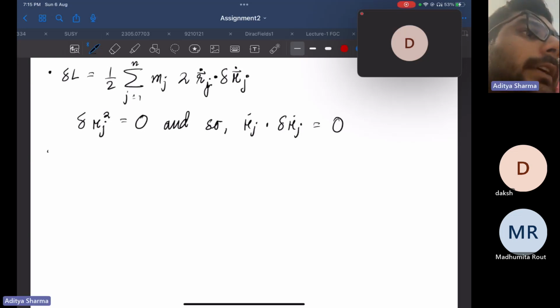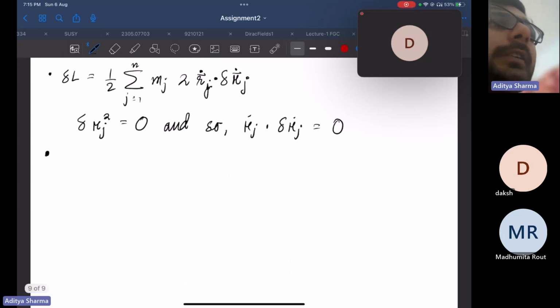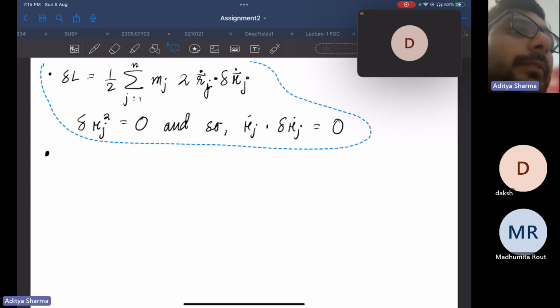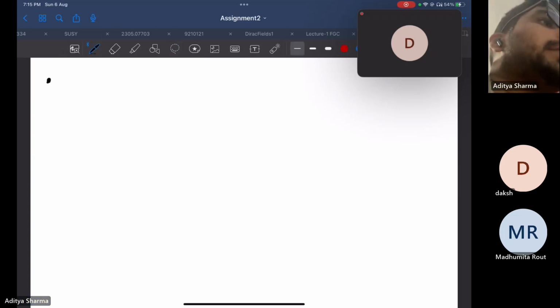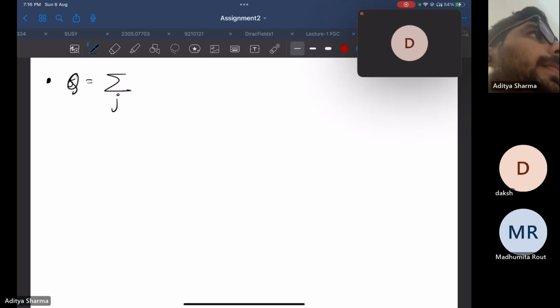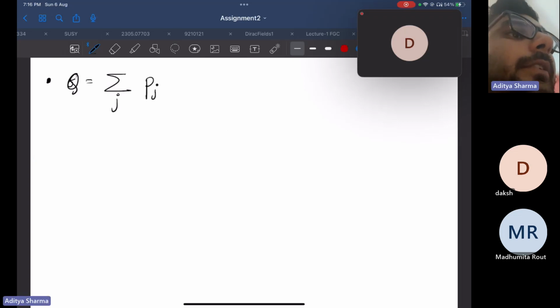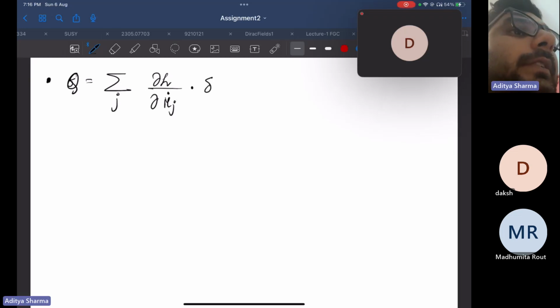Okay, anyways, so the conserved quantity in this case is Q equal to summation j dou L by dou Rj dot, not dou L by, this is delta Rj.